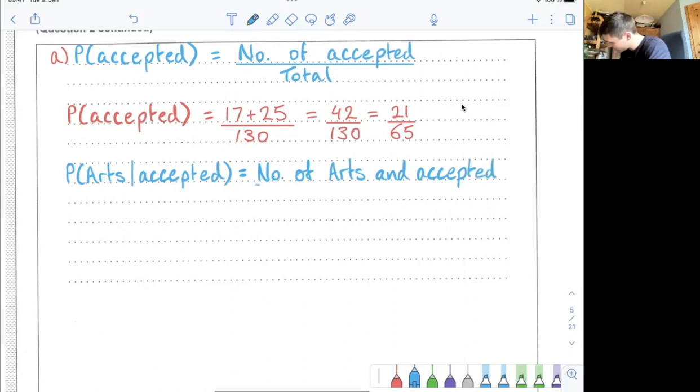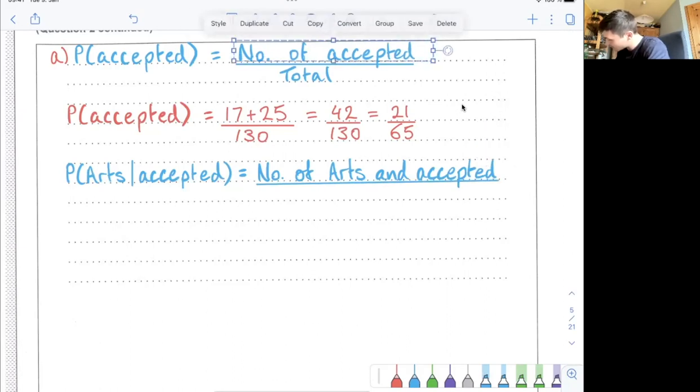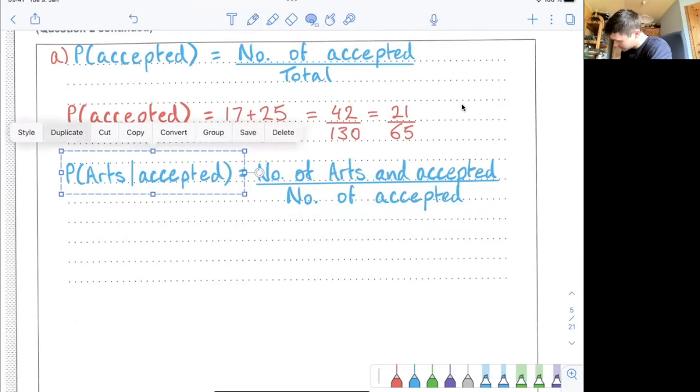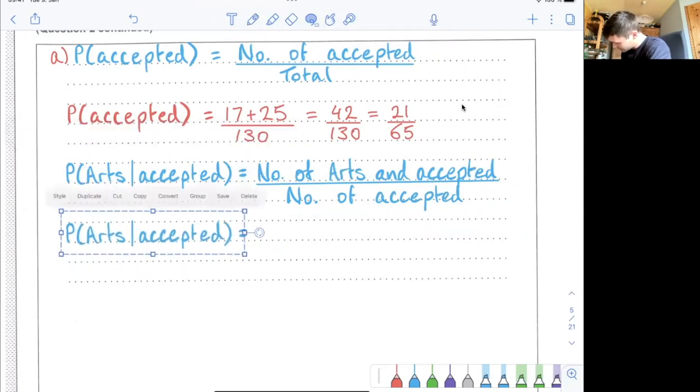Okay, divided by the total number of accepted applicants, which we'll just take here. All right, nice. And so we'll bring this down here, go into red.